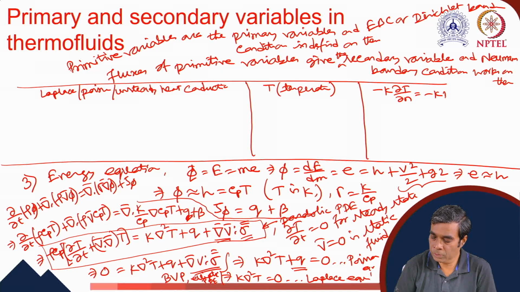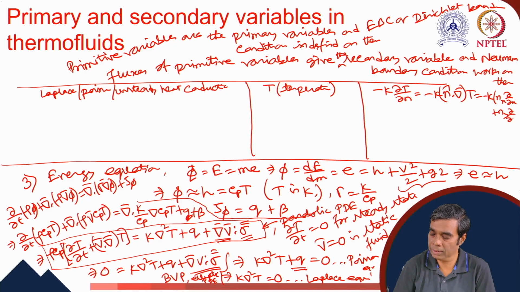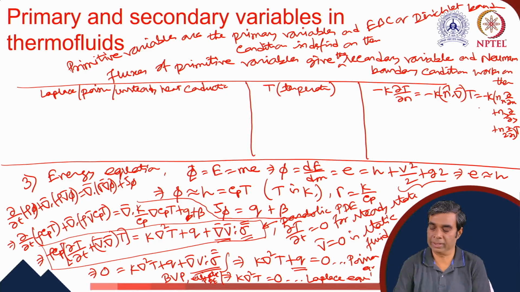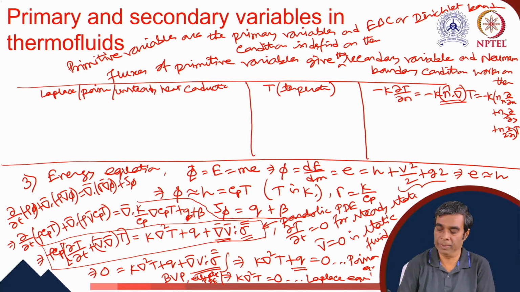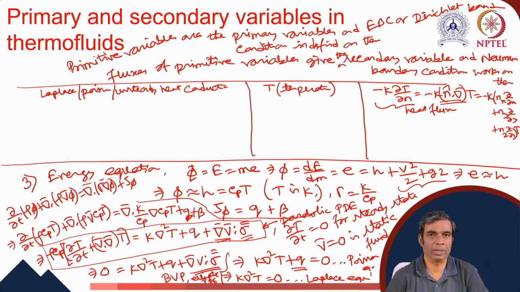So k n cap dot del T equals minus k (nx del/del x plus ny del/del y plus nz del/del z) operating on temperature. So n cap dot del is the directional derivative, and minus k del T del n is the heat flux. This heat flux is the secondary variable for the Laplace equation, Poisson equation, or unsteady heat diffusion equation. It means for the energy equation, heat flux is the secondary variable and temperature is the primary variable.